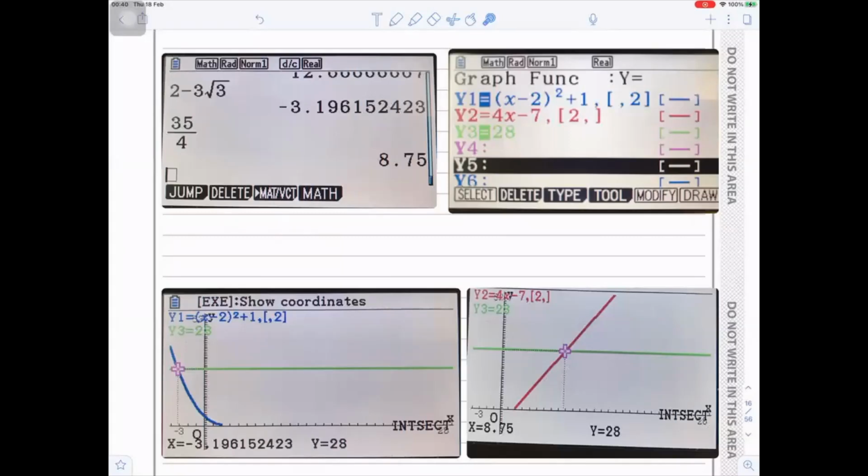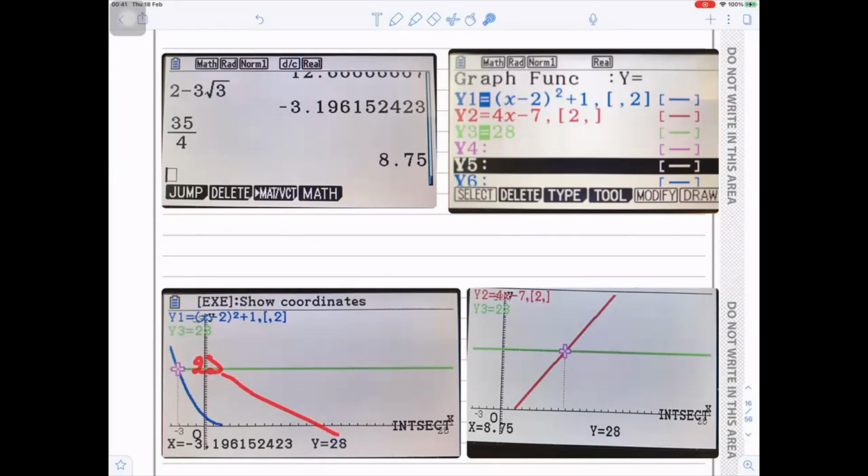And 2 minus 3 root 3 is the same as minus 3.196, which if you look at the graph, that's the point there, minus 3.196. So you want the point where y is 28.